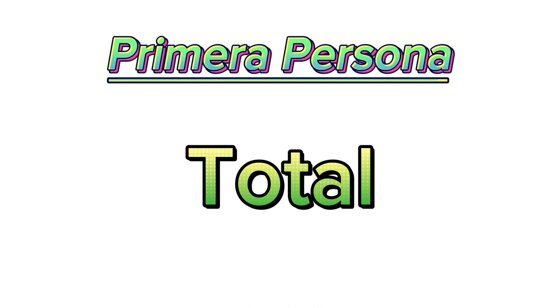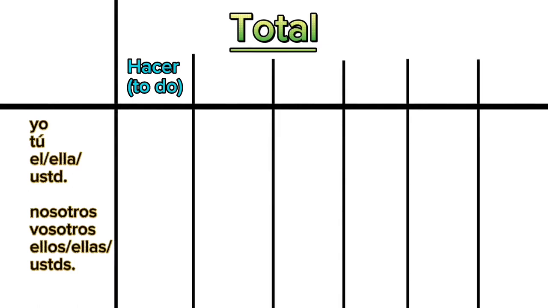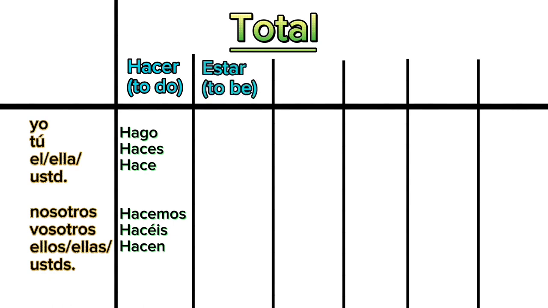Let's take examples. Hacer. Hacer means to do something. The first person has the conjugation of hago. Now, hago, haces, hace, hacemos, hacéis, hacen. All the others are the same. Now, estar is to be in a thing. Like, in the earlier videos, we learned that if someone says, ¿Cómo estás?